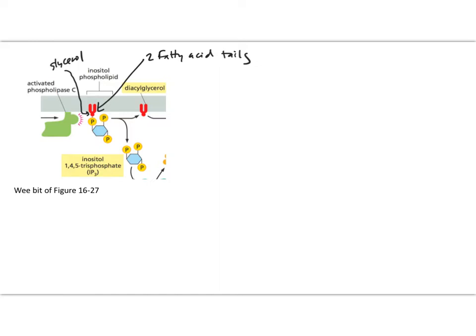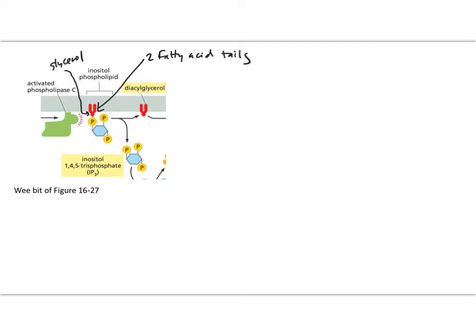But then we take it up a notch, because it is bound to this inositol triphosphate, and that's kind of a complicated structure too. Basically, this inositol 1,4,5 triphosphate is named because we have a phosphate group bound to the 1, 4, and 5 position of this 6-carbon sugar.